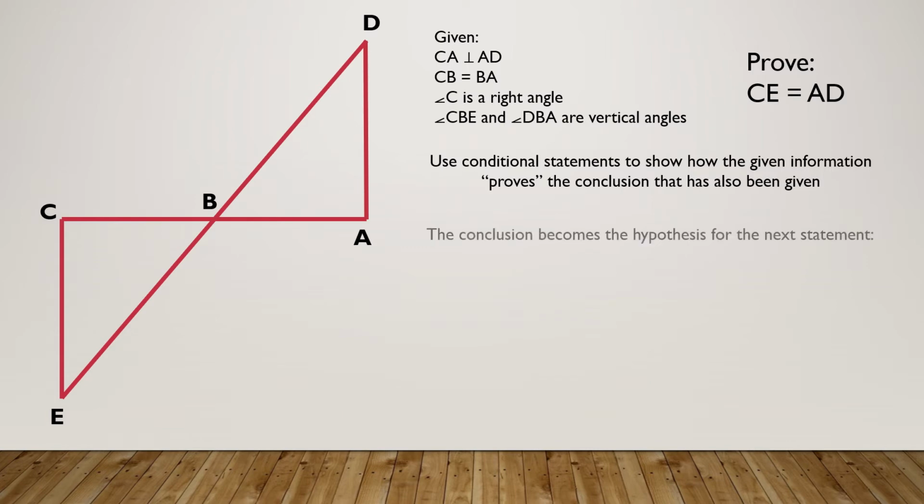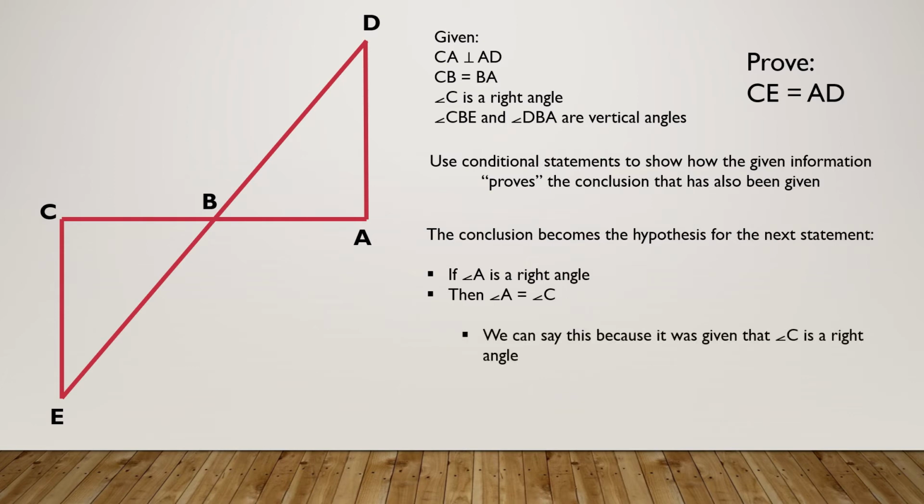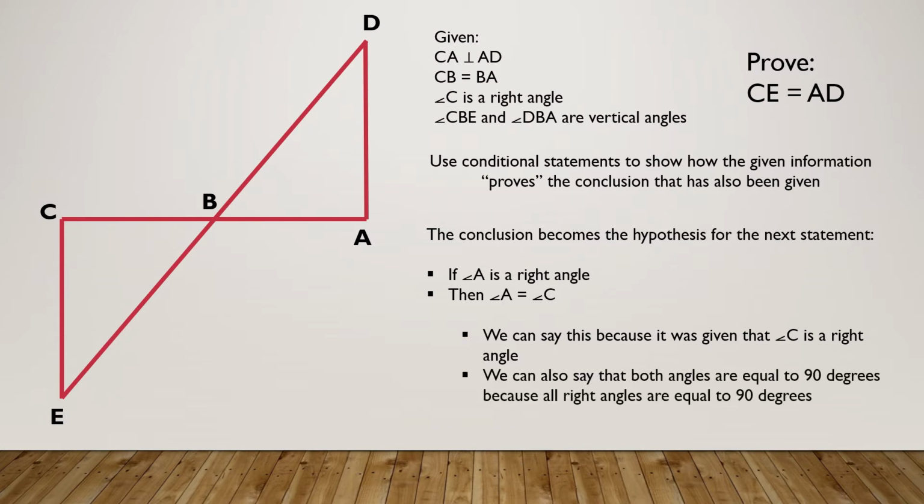So what else can we say? Well, we can use that conclusion from that statement to make a hypothesis for a new statement. If angle A is a right angle, then we can also say that angle A is equal to angle C. We can say this because it was given already that angle C is a right angle.